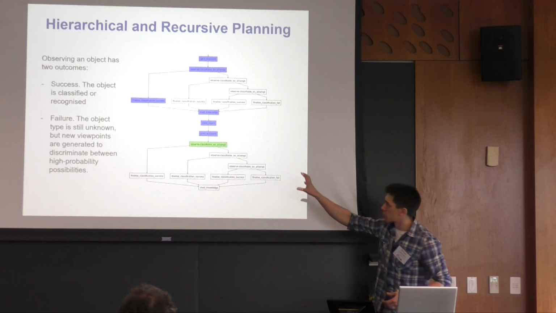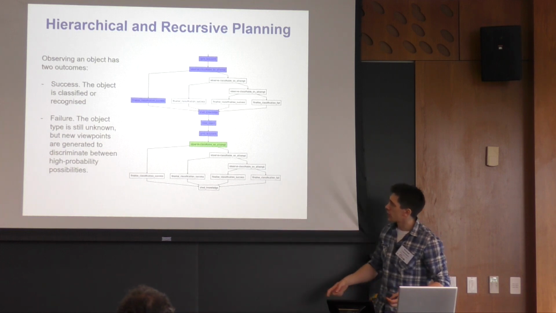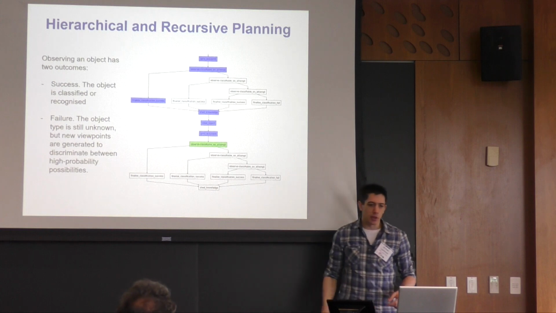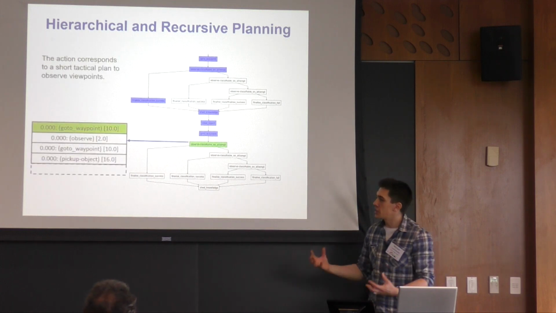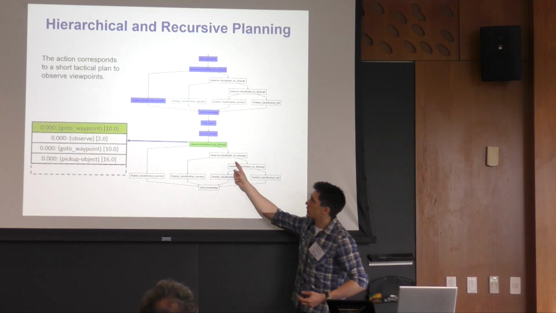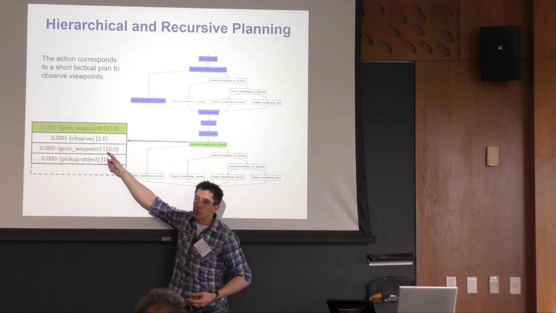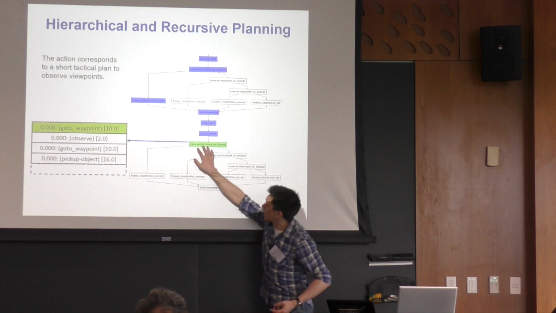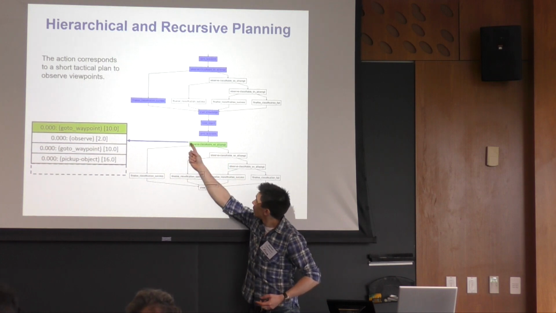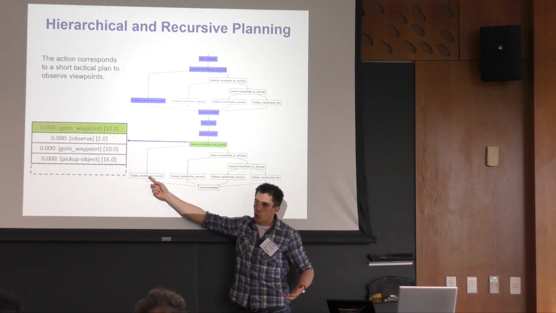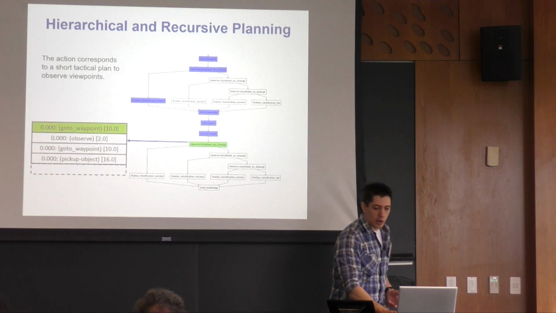So this is the kind of conditional plan that was generated in this case. And this observe classifiable upon attempt is a strategic action. This strategic action corresponds to moving around and observing the object from different view cones. The outcome of this could be success, in which case you want to finish immediately, or it could be failure.